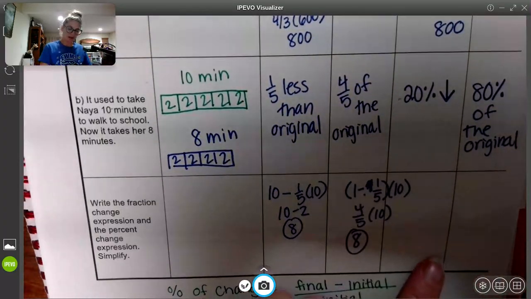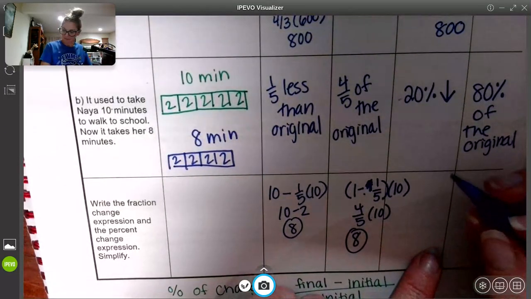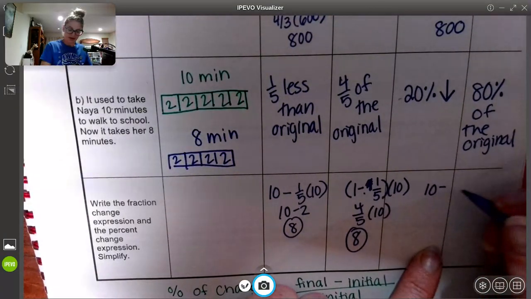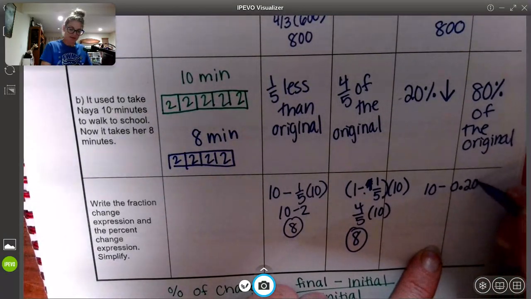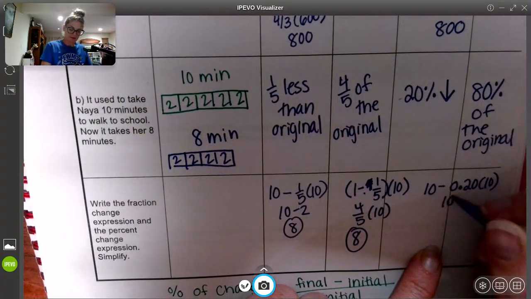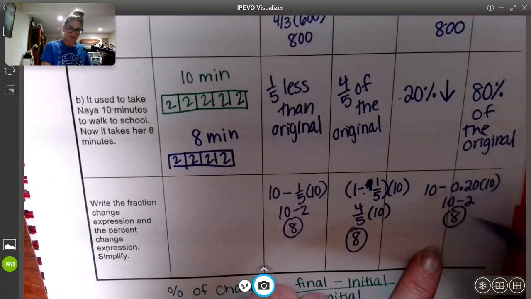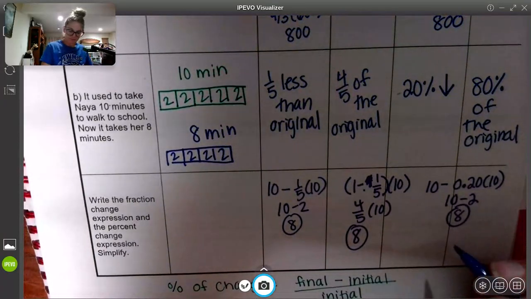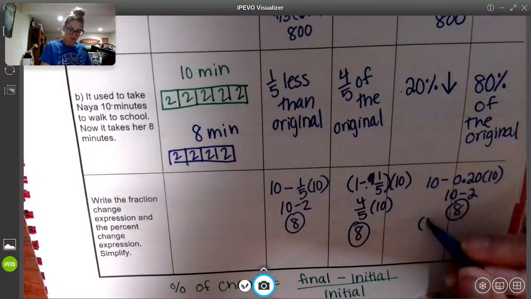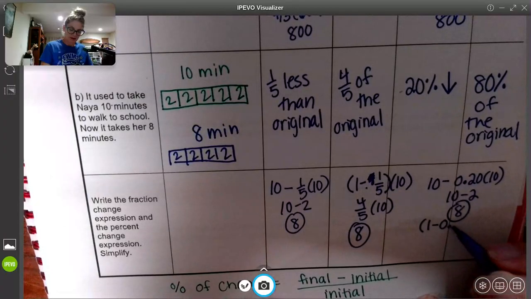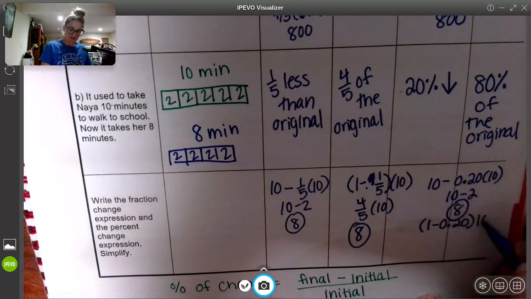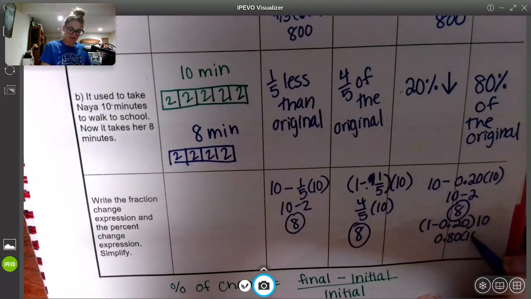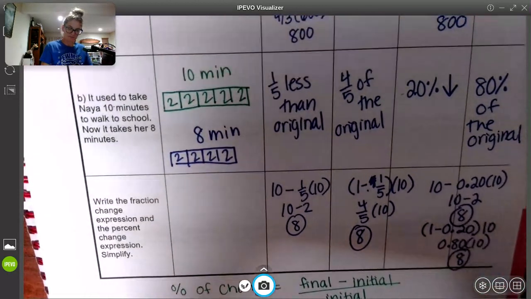If we wanted to look at the percent, we can think about this as 10 minus 20% of 10, which will get you 10 minus 2, which gets you 8. Or we could also think about this as 100% minus 20% of 10, which is just the 80% of 10, which gets you 8.